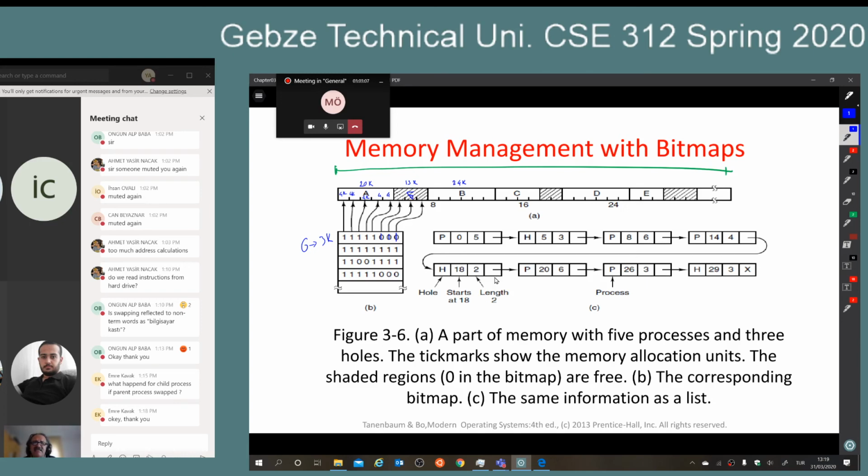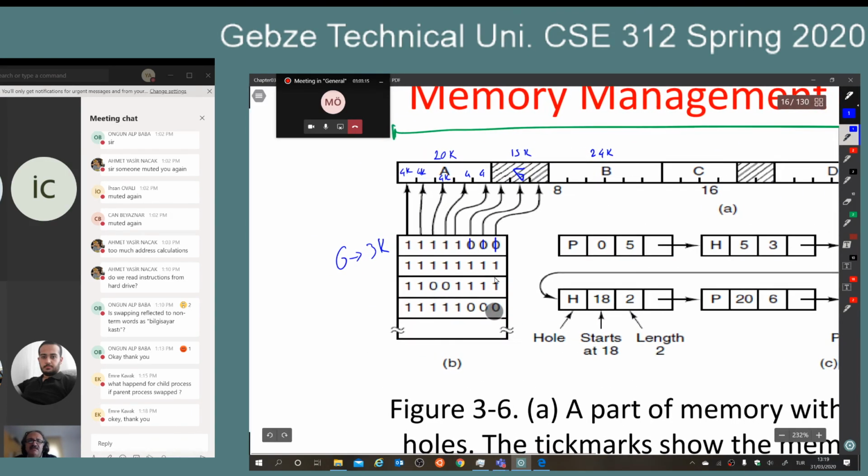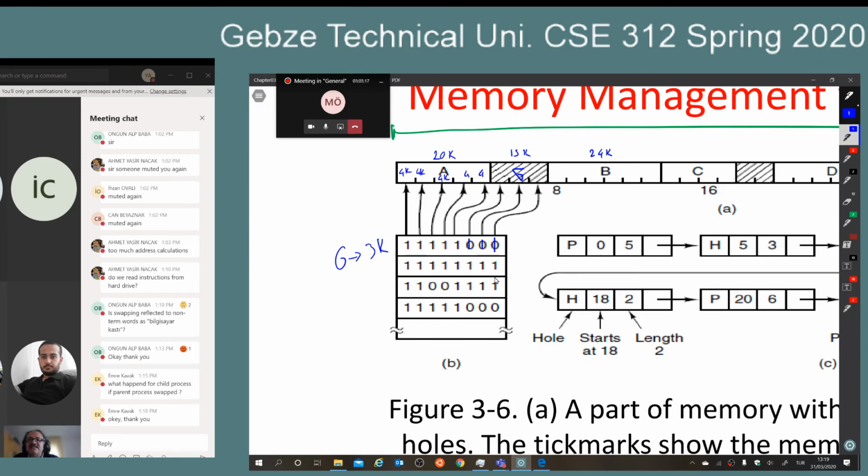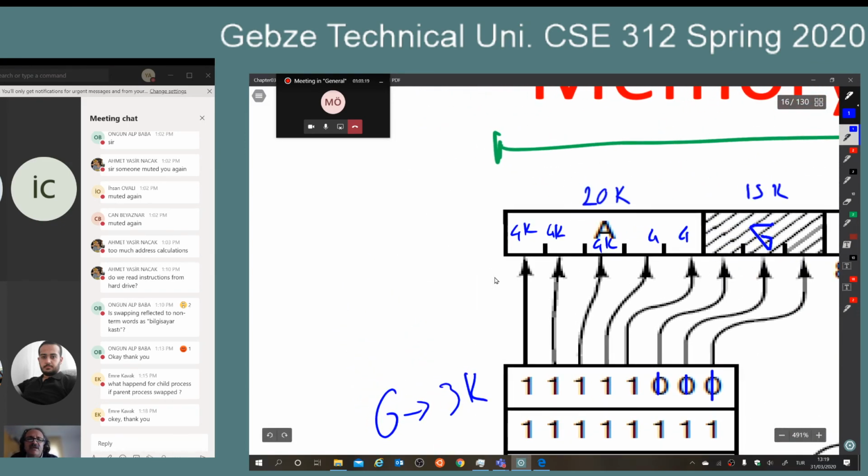It is so fast. To understand if a location is occupied or not, let's say these are 4Ks. 4K means that each one is 2 to the 12, right?